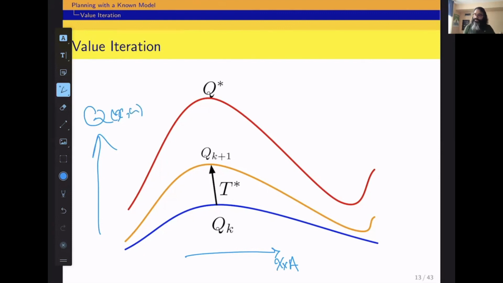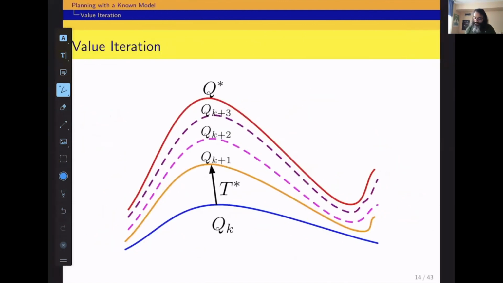So how it works is that we get Qk, which would be this blue function. We apply the T star to it to get this Qk plus 1. The red one that I'm showing here is the optimal value function.